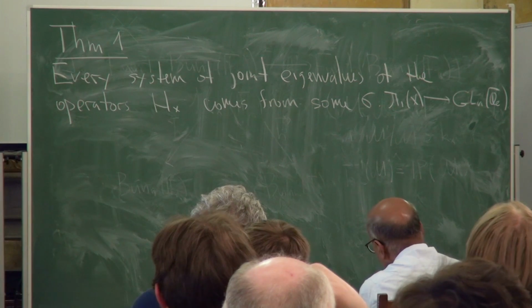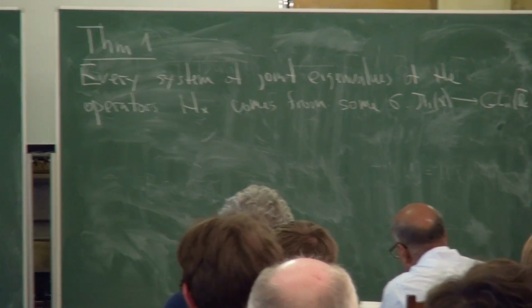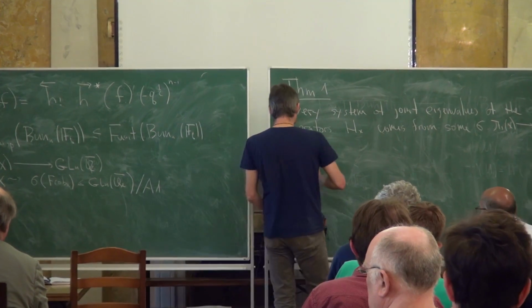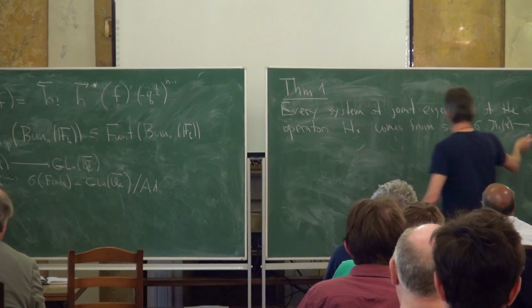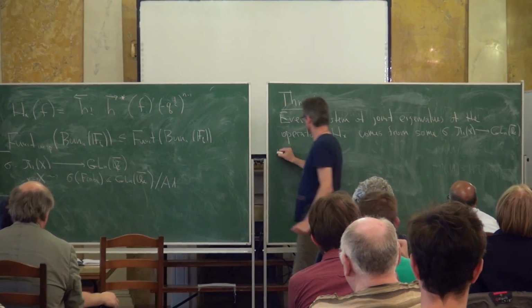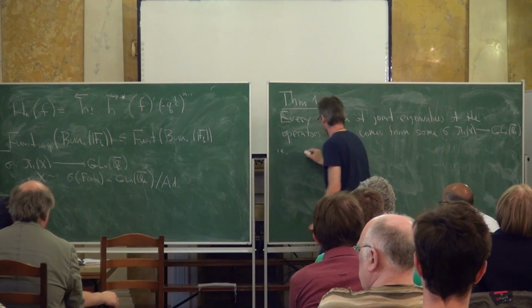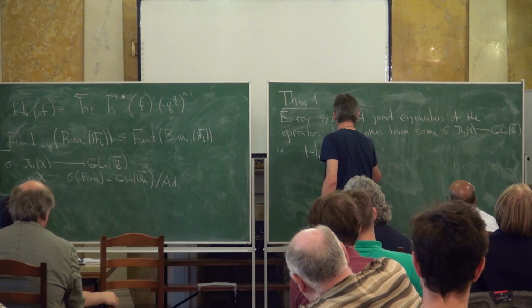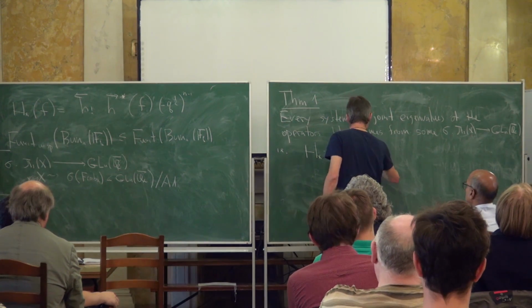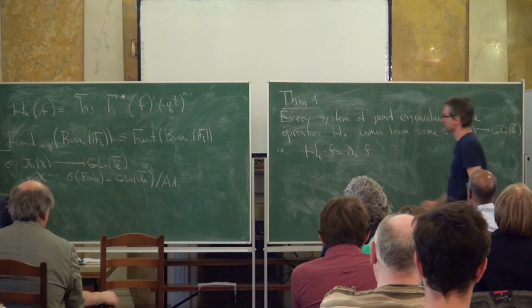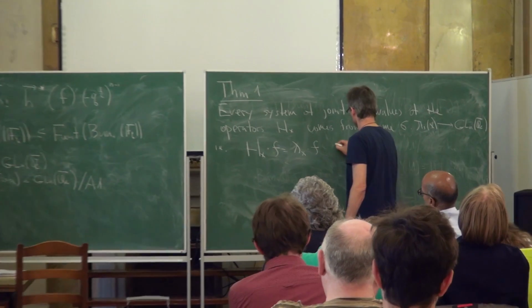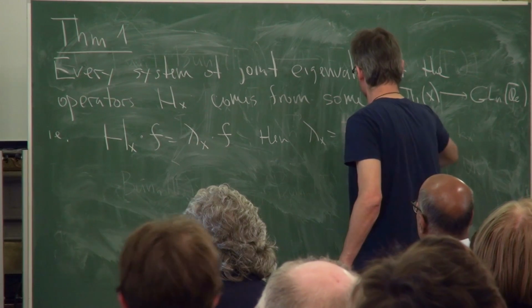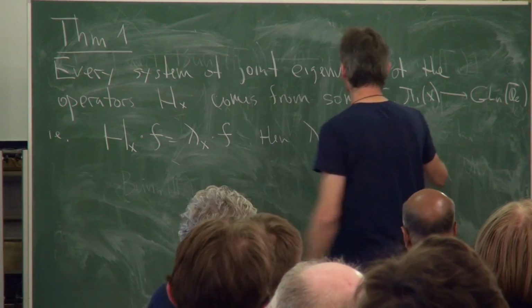If you have a sigma, I can produce a collection of numbers parameterized by the points of the curve. Or let me say it like this: if you have an eigenvector, then all these coefficients lambda x are obtained as traces of these Frobenius elements.